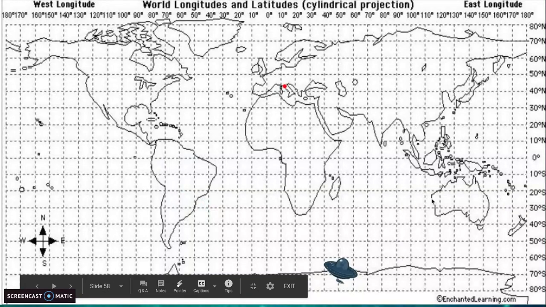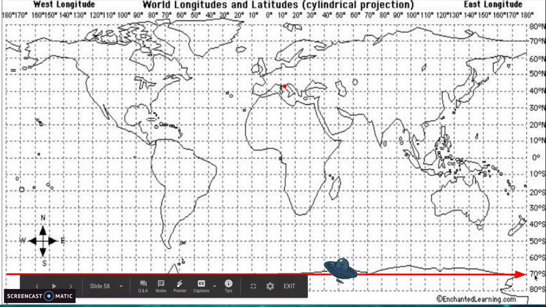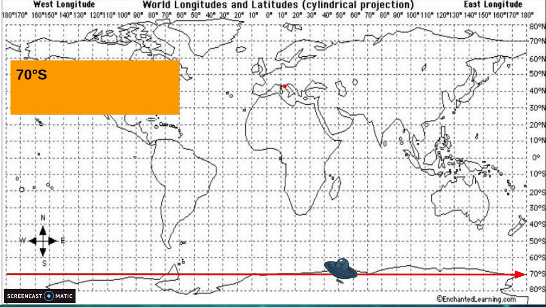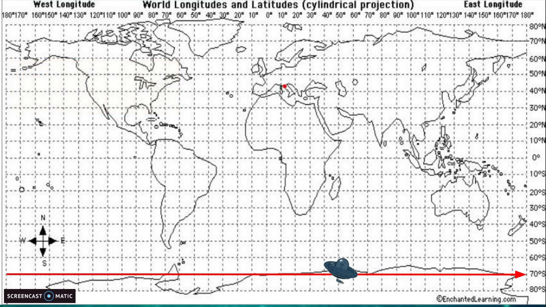So here's Fred again. He's lost for a third time. So let's figure out his latitude and longitude. We are going to find his absolute location. So first, let's find latitude because, again, latitude comes first. So once we find his latitude, we find that he is at 70 degrees south. Does everyone see how to find 70 degrees south? And now we found his latitude.